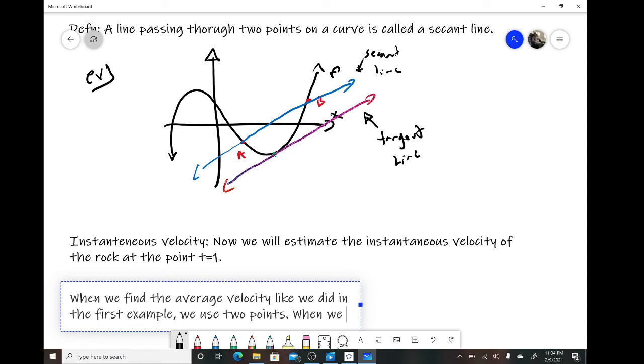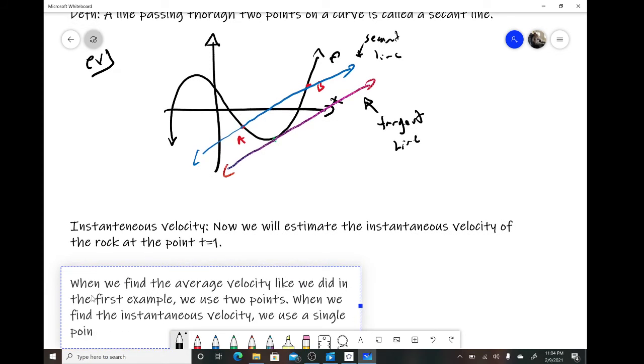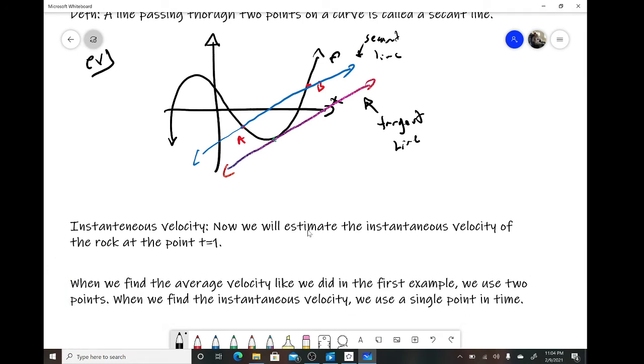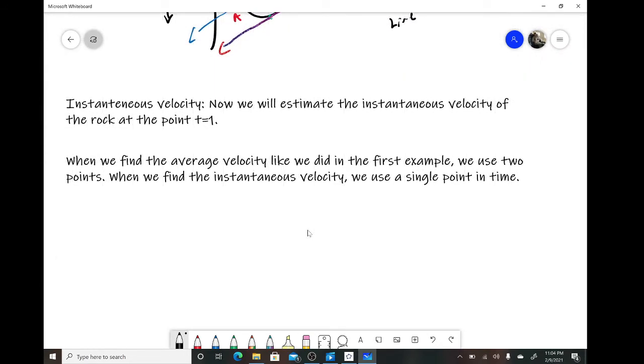And when we find the instantaneous velocity, we use a single point in time. So instead of using 2 points, now we're going to use 1 point. And we're going to do this at the point t equals 1. Now we know what s of 1 is. We calculated it first. S of 1 was just 80.